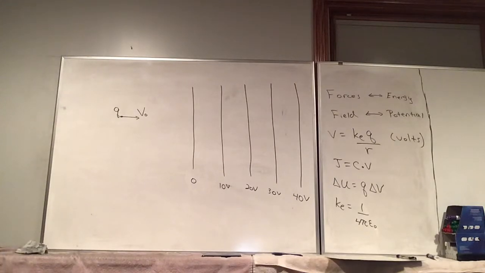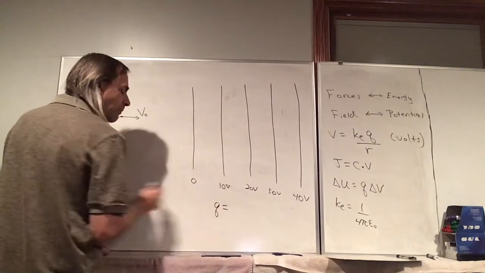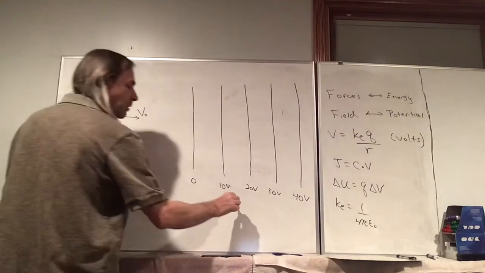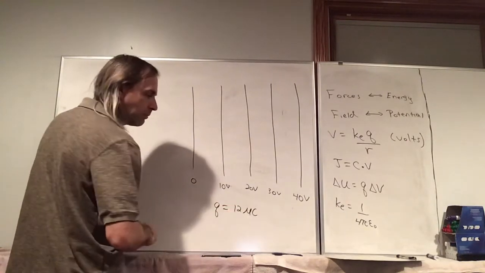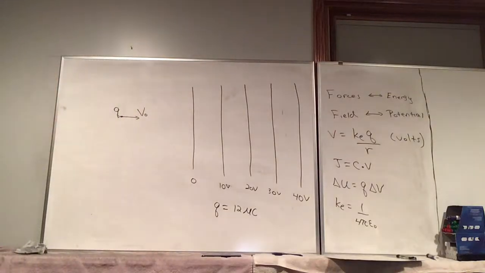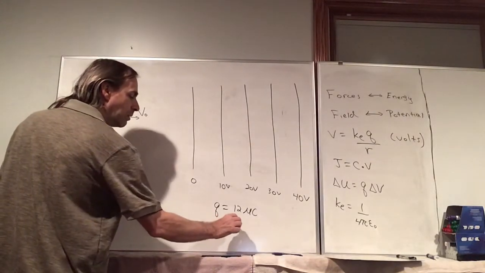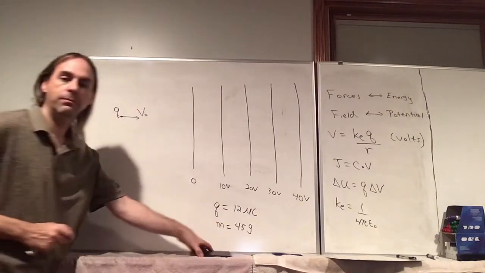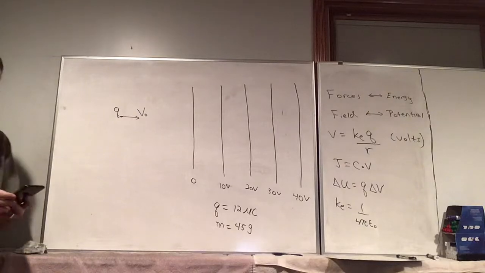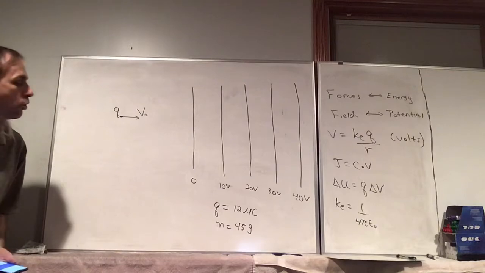So let's say a charge is 12 microcoulombs. So let's see. And I have to give this object a mass. Let's say it's 45 grams. So I want to make up a problem, but let me do something real quick to get some numbers that are going to be reasonable.